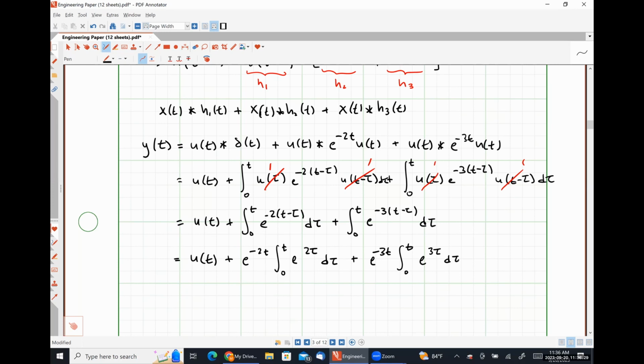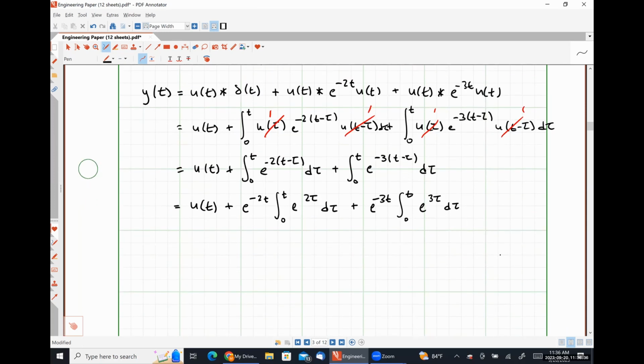And so now I get to just do simple calculus, right? So I should be able to integrate an exponential function pretty easily. So I'll have u of t plus e to the negative 2t. So what's the integral of e to the 2 tau going to look like? 1/2 e to the 2 tau evaluated at t and 0.